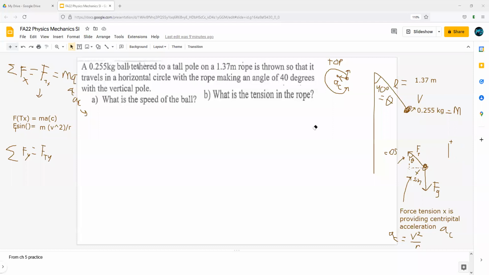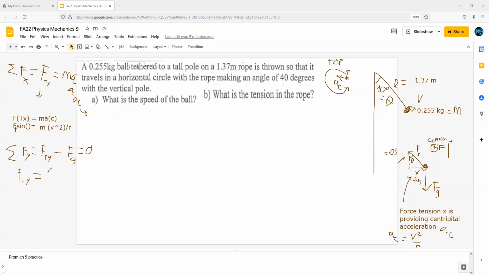Because we're going in a circle, that circular motion doesn't really matter. So it's just into the center is positive. Anyway, on the y-axis, the Fg is negative. And you also don't have any acceleration in that axis because you're just not moving up and down, right? You're moving around.